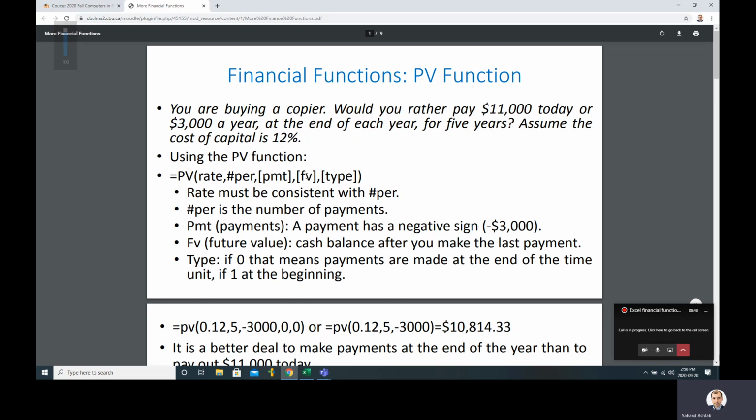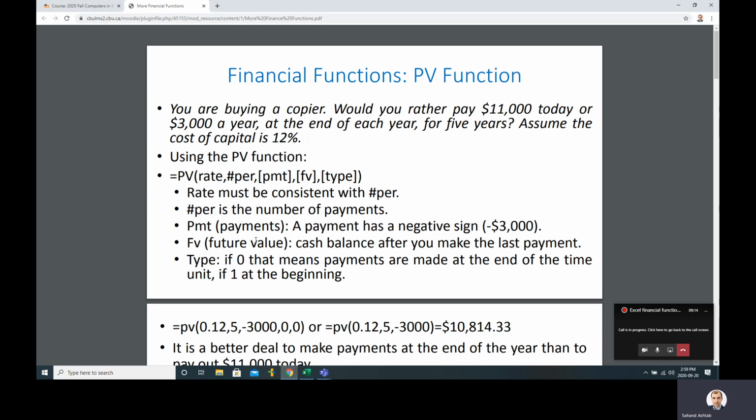Future value, just like in the PMT function, is going to be 0, and type will be 0 if you're making payment at the end of the time unit, and it will be 1 if you're making the payments at the beginning of the time unit. And as I mentioned earlier, I have developed some scenarios to expose you to these different conditions or different options.